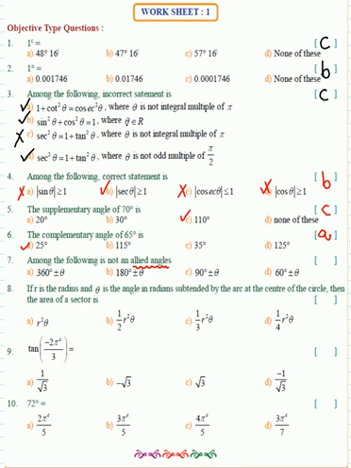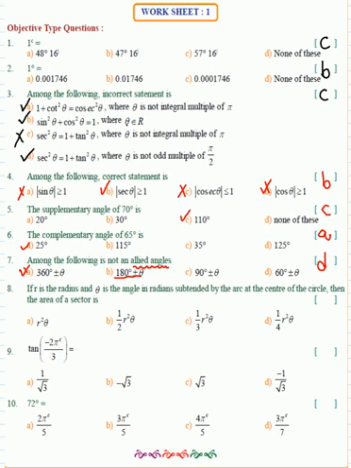For example, 360 plus or minus theta, these are all allied angles, but 60 plus or minus theta is not an allied angle. So here the correct answer is D. The remaining three are allied angles.